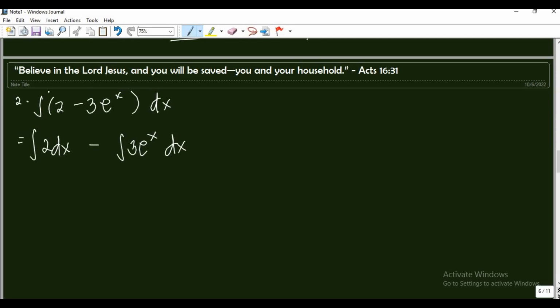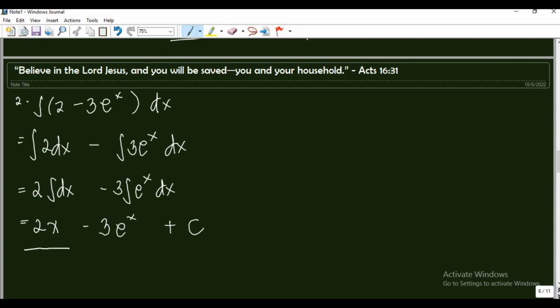Again, this is rule number 3, the associative property. Since 2 is a constant, I can take it out: 2 times the integral of dx, minus, taking out 3 again, 3 times the integral of e raised to x dx. The integral of dx is simply x, minus 3 times the integral of e raised to x dx, which is e raised to x, plus c. This is now the answer for this problem.